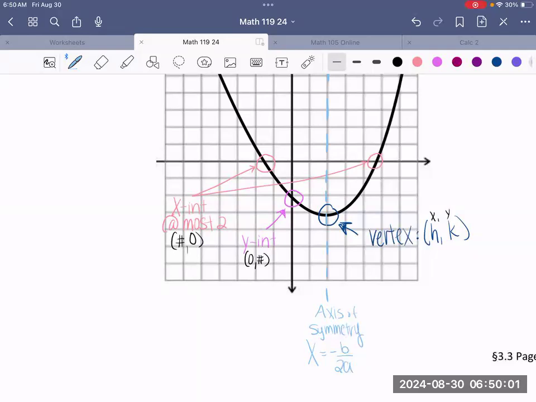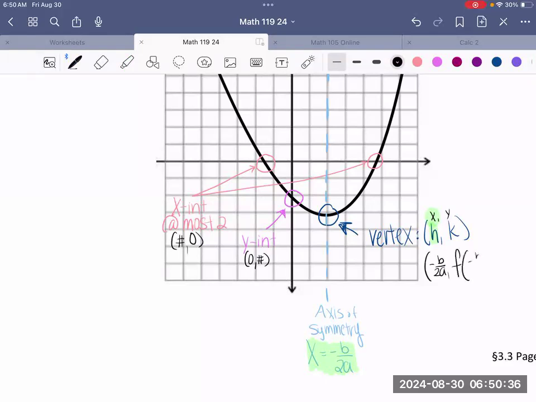So now, what's the relationship between this axis of symmetry and the vertex here? Well, hopefully we can notice that the axis of symmetry, x is equal to negative b over 2a, is actually represented in this x, or your h. So we can write your vertex x value as negative b over 2a. And to find your y, well, we're given an equation, most likely.